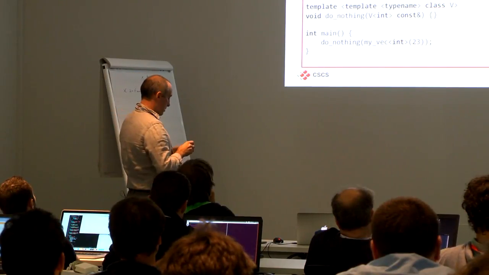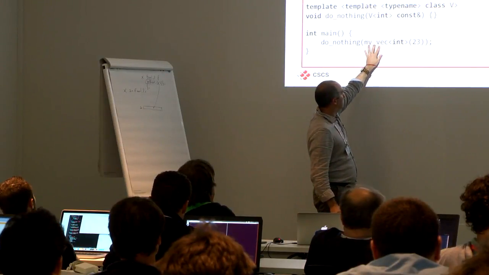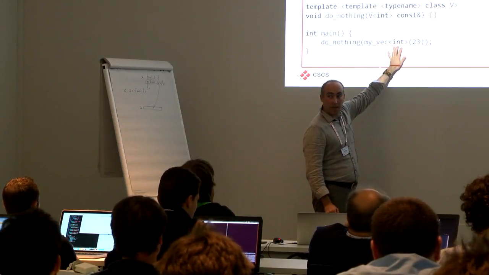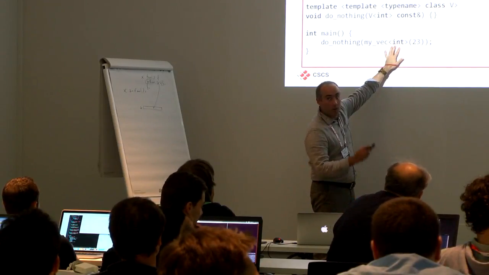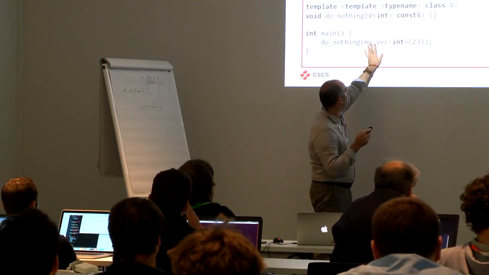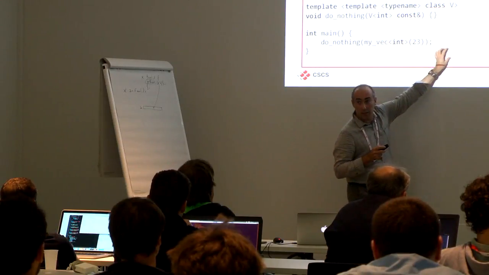So my vec, which looks like a type with a single template argument, is actually an alias for a vector T and my allocator T. So you should substitute here vector T by allocator T 23.